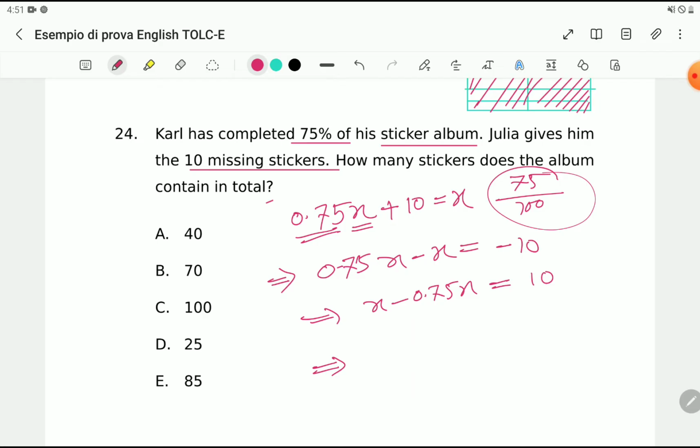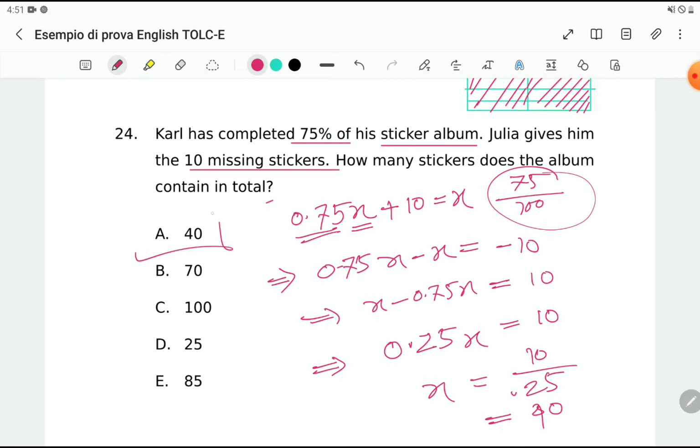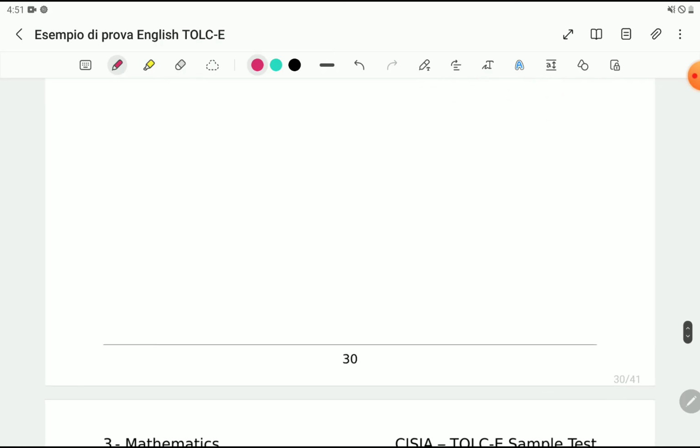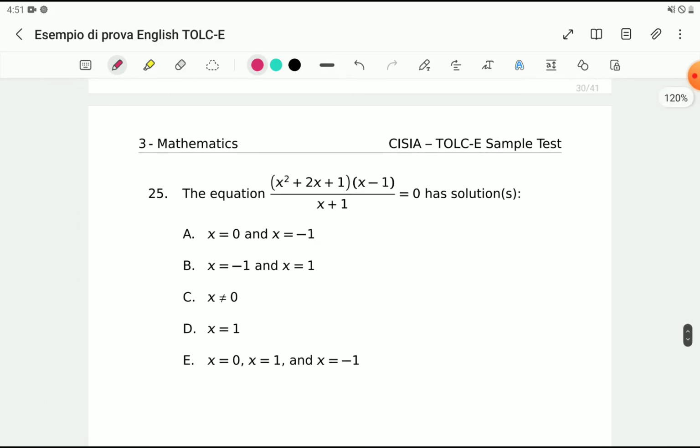So what remains from the box, we already deduced: 10 divided by 25% equals how much? 40. That means our answer is option A, 40. So let's move on to our next question.